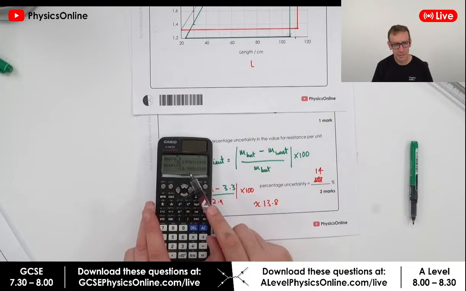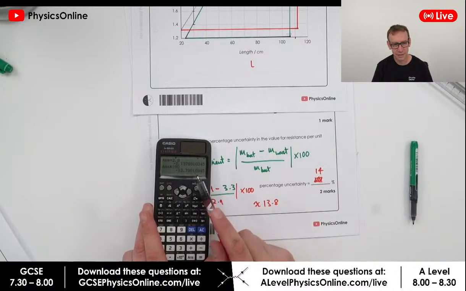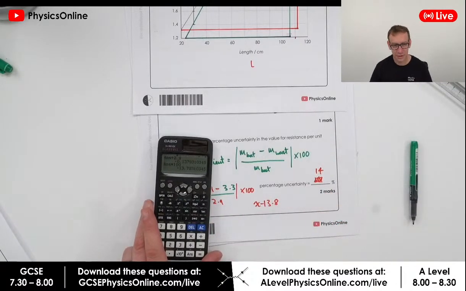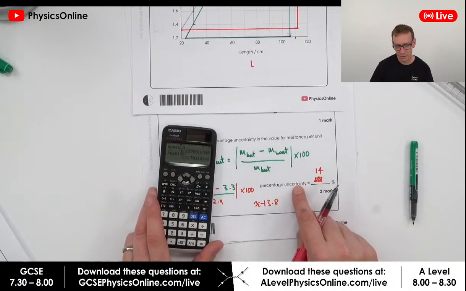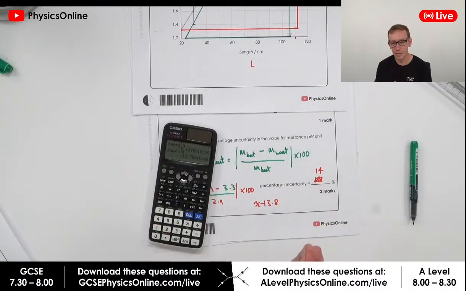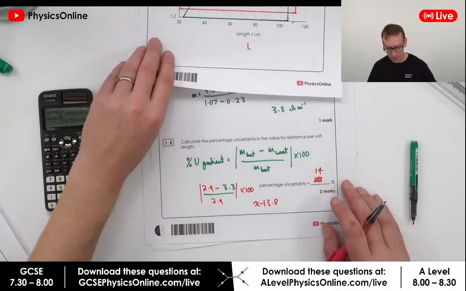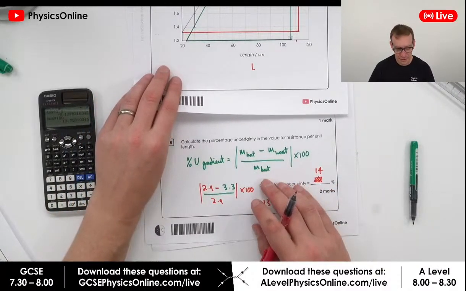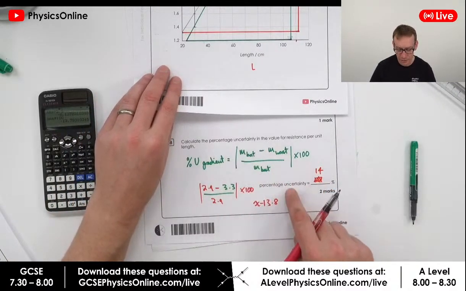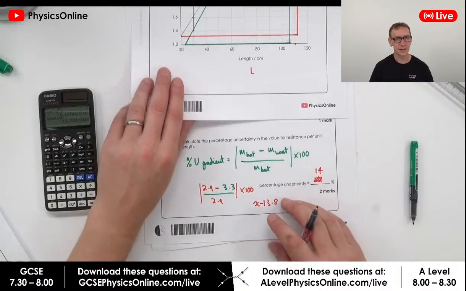That gives an answer of about minus 13.7 or minus 13.8, but the percentage uncertainty is just going to be the positive value of this. So that's what we mean by the modulus. So we've got a percentage uncertainty in the resistance per unit length of about 14%, roughly.